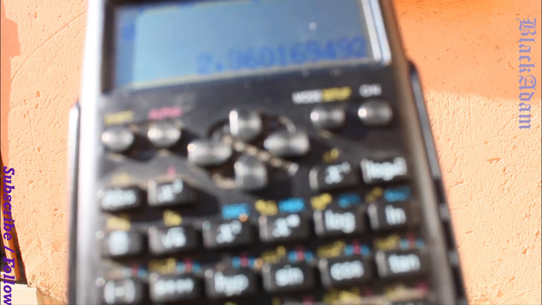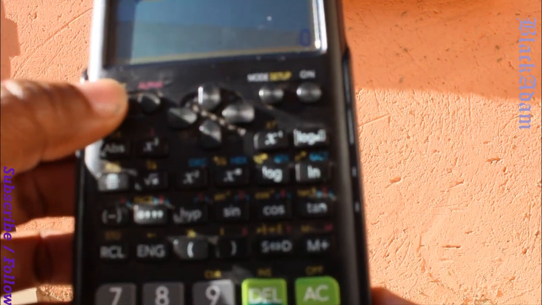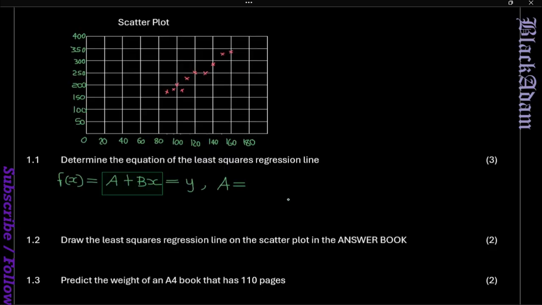So 2.36 is actually what you have to include there as your value for B. So that is it. Then you switch it off if you want. Then A is negative 43.72, and you have B there is 2.36.